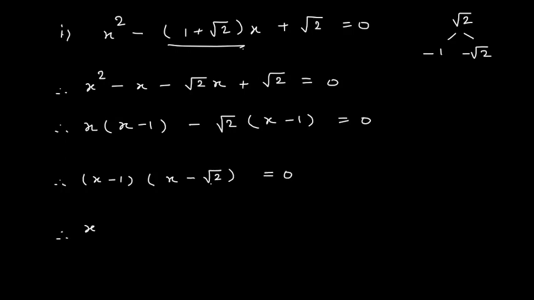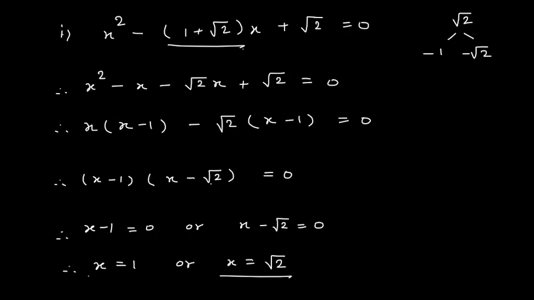So this will give me x minus 1 is 0, or x minus root 2 is 0. So therefore x is 1, or x is root 2. So the value of x is 1, or the value of x is root 2.